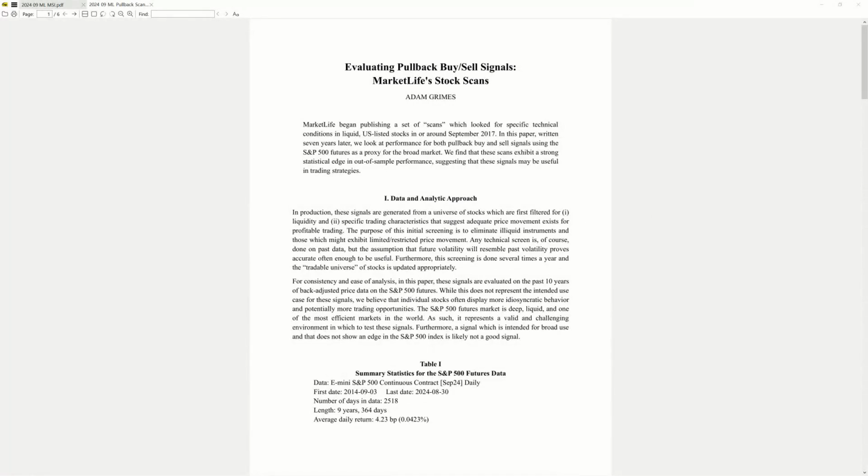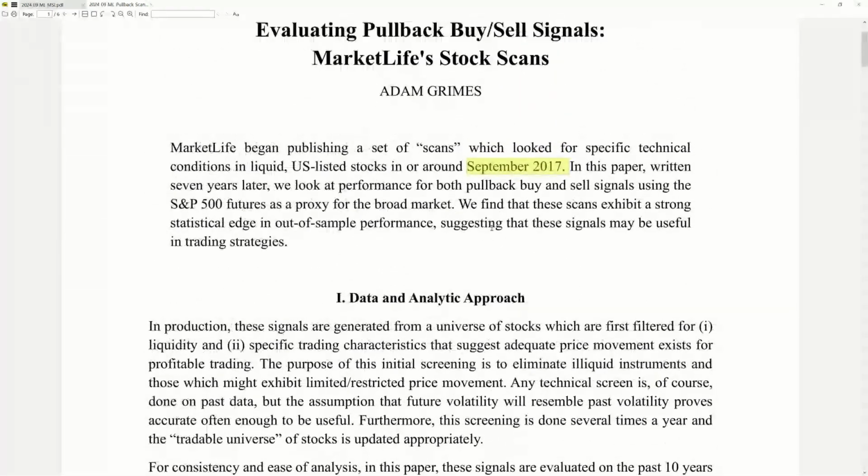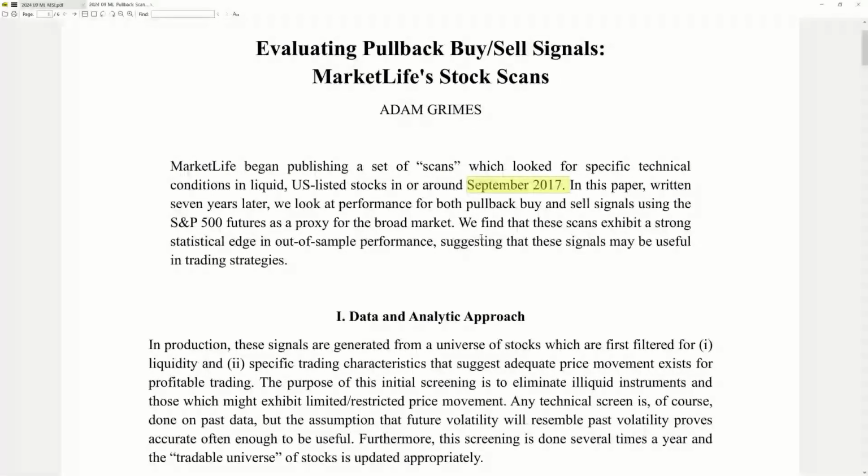So you have the raw scan that we're talking about here. I say in the paper that we started publishing these in September of 2017. In all honesty, the way the scan was created was I had a number of pieces of trading systems and scans that I had been running for myself for years, things that I'd used for my trading, for day trading stocks, currencies, futures.